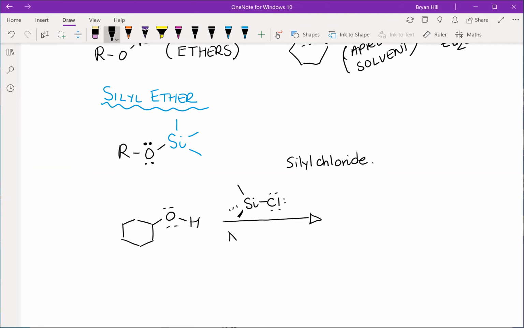And you need a base here to remove a proton at some stage. So we use triethylamine, and it's often done in dichloromethane.